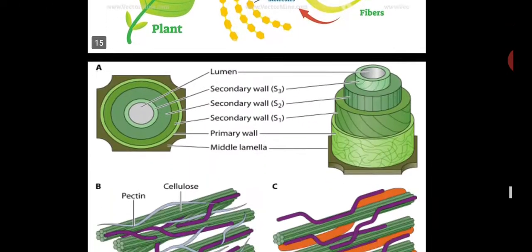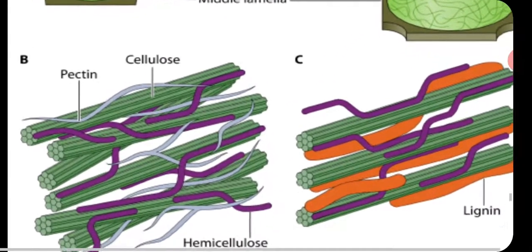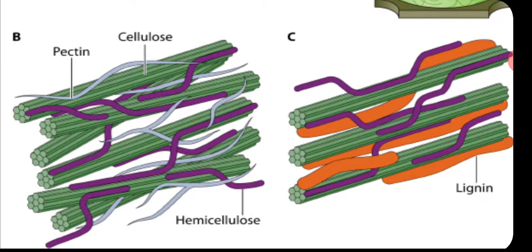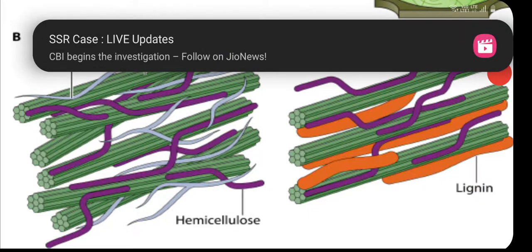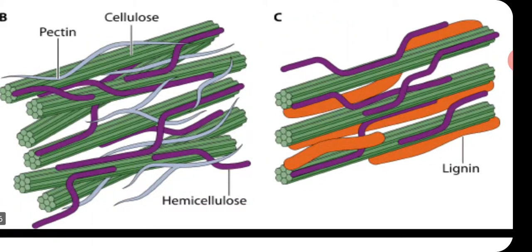Let us see one more picture. Here you see pectin and the green cellulose fibers. Here, the violet color is hemicellulose fibrils, cellulose fibrils, the light ash color is pectin, and here lignin.